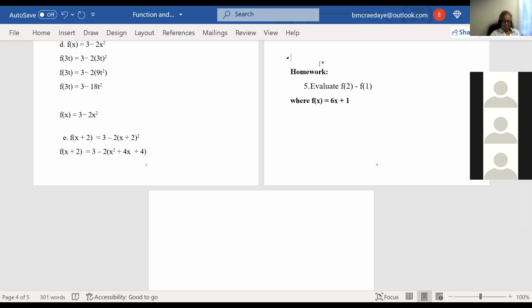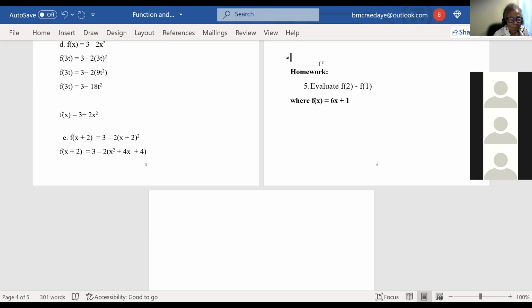That's mental math, right? Wherever you see the x, you put the 2. So what do you get for f of 2? So you can put the 2 and 1 together. F of 2 gives you what number, Vanessa? That's mental math. Wherever you see an x, put the 2. What's f of 2?